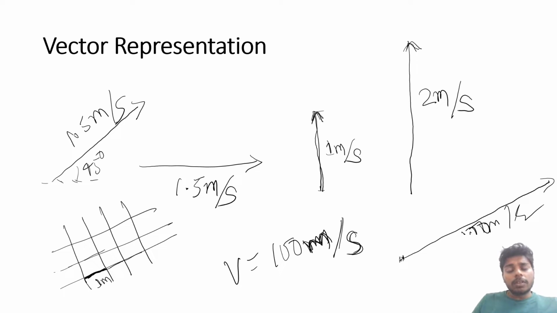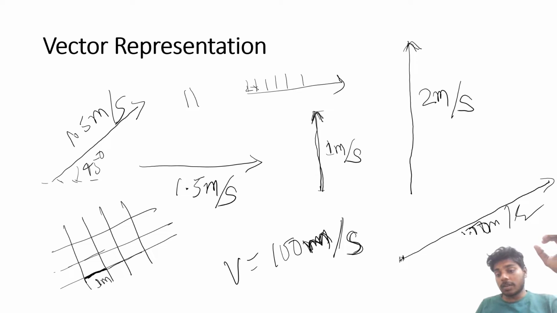You need not worry that I have a very small copy, and how will I draw a 100 meter per second velocity vector. You need to scale it by dividing. If you are taking this much distance as 1 meter, then according to this you have 10 meter of length. Okay, this is about the velocity vector representation.